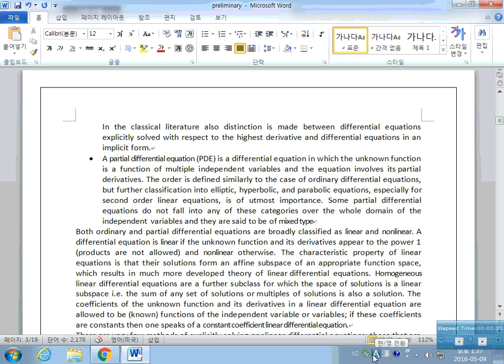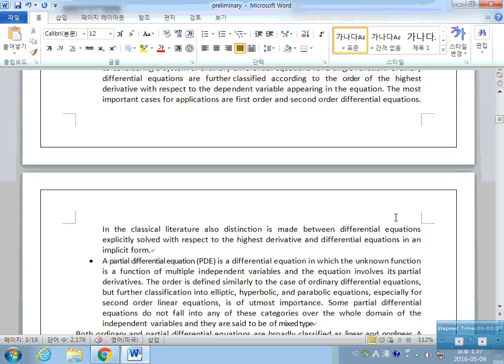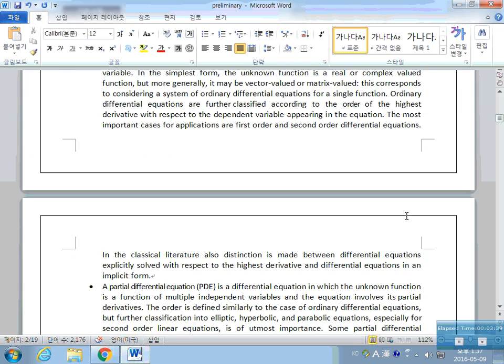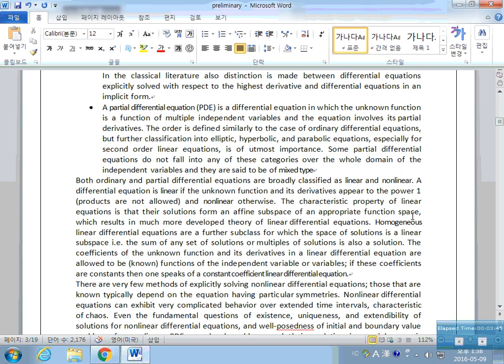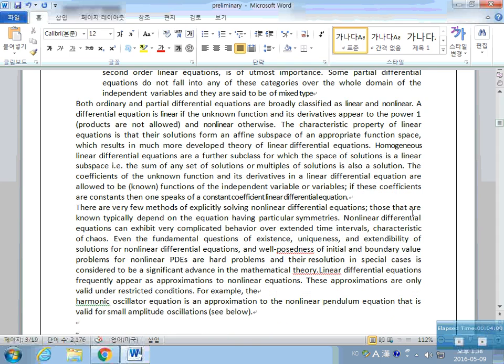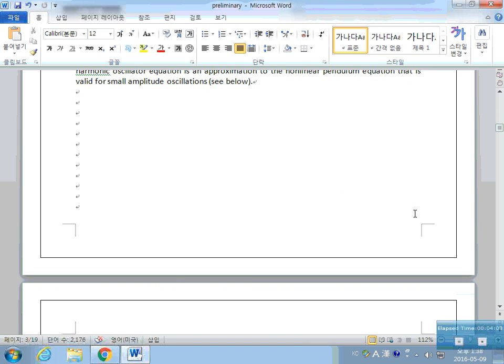So there are basically three types of differential equation: the ordinary differential equation, the partial differential equation, and the mixed type. Now, a differential equation may be linear or non-linear. When the power of the unknown function or the derivative of the unknown function is 1, then we call it linear. Otherwise, we call it non-linear.